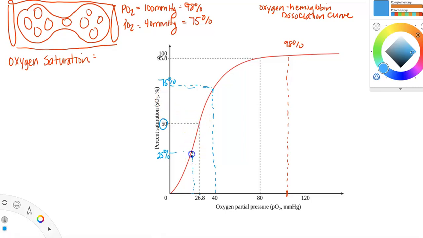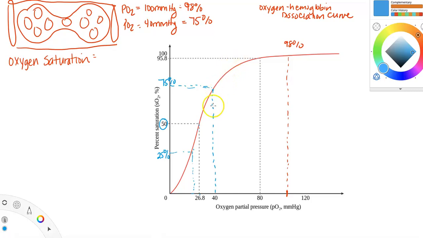So this area here, this is activity. This is exercising, okay, where your muscles and cells are really using that oxygen for fuel. Okay, so this is the general curve of how sticky the hemoglobin is.